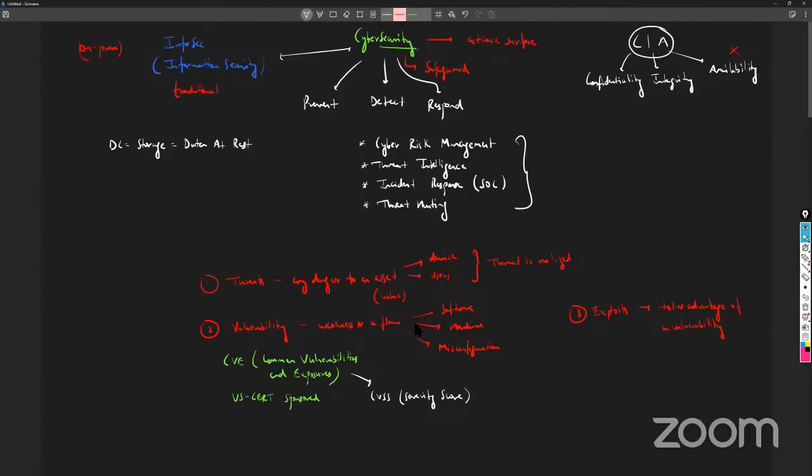If no one knows about my weakness, then no one can exploit my weakness. Remember, vulnerabilities are only a problem if they are known, if someone is able to figure out that this server or this device has a vulnerability. Only then can it be exploited.